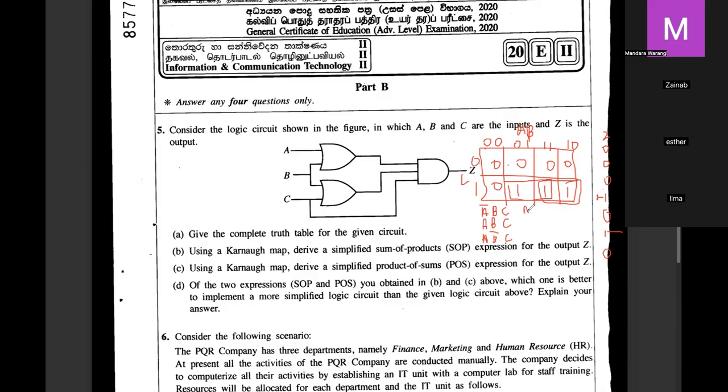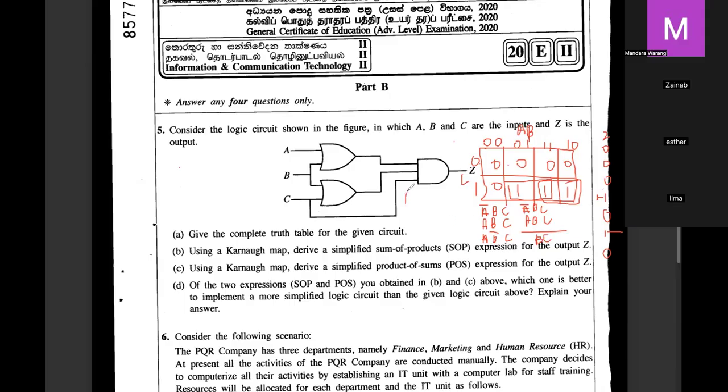In this group, we have A bar, B, and C, and A, B, and C. We can take the common things out, which is A bar and A. So these two cancel. A bar and A, imagine it's like 0 and 1, so 0 and 1 cancel. What is the output? B and C. Then we have the next group.